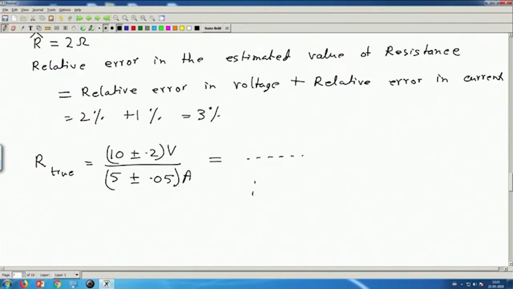You can complete it and finally you will see that the relative error comes out to be 3%. I will be happy if you find the relative error with a thorough computation like this. So I put this as homework once again.